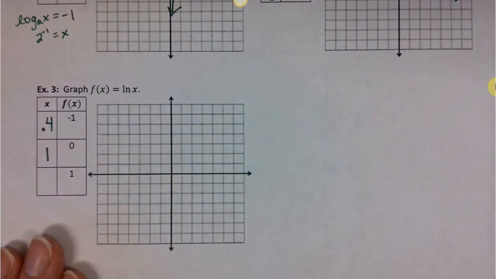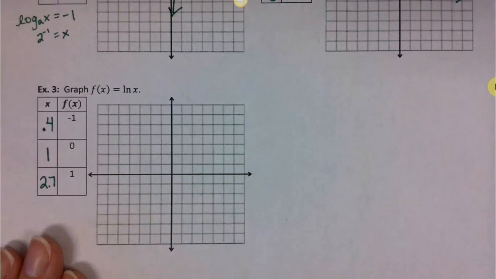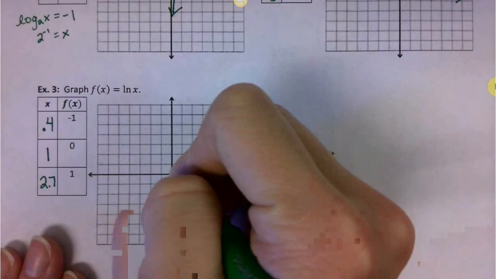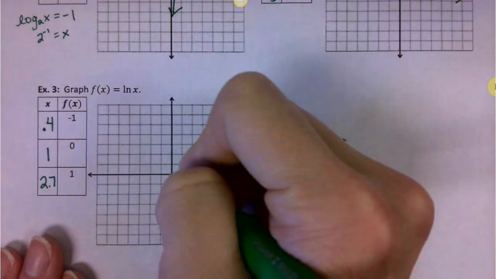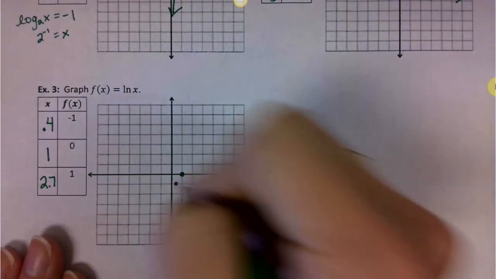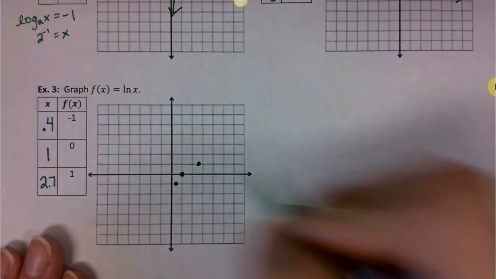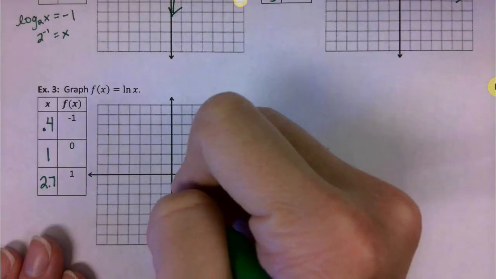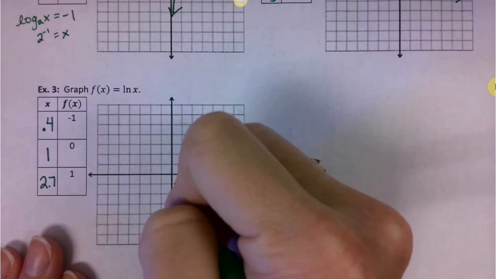And where is natural log of x equal to 1? This is the same as evaluating e to the first, which we said is approximately 2.7. So then we plot these points, (0.4, -1), (1, 0), and (2.7, 1). And we end up with a graph that looks very similar to our log base 2 of x.